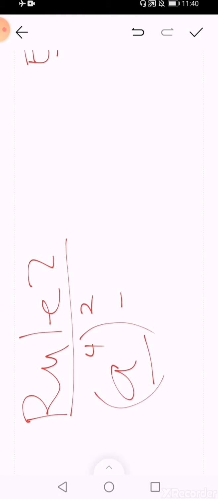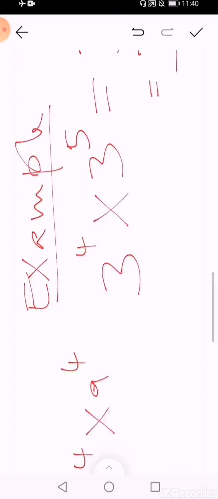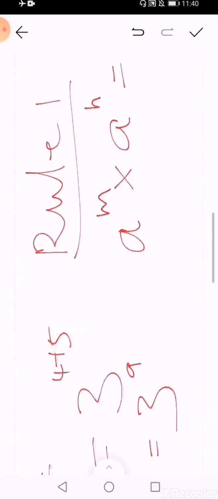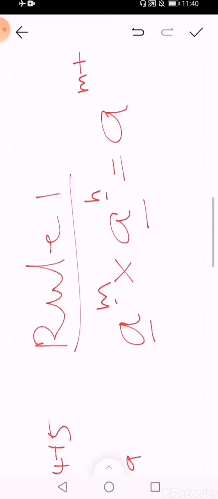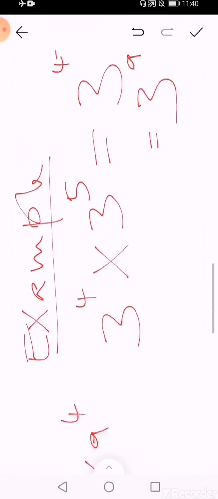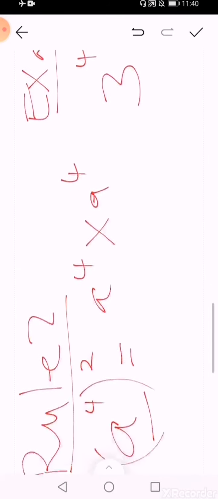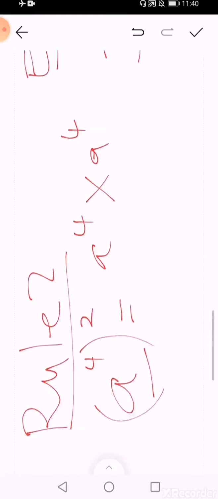We can write this in a simpler way as a to the power 4 times a to the power 4, and now we can use the first rule. You remember, if we have powers of the same base, we add the powers. Let's see if that works for us here.